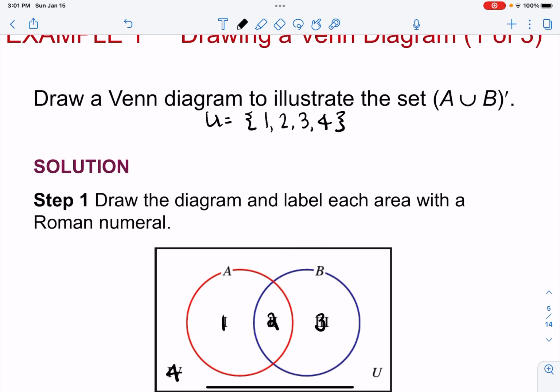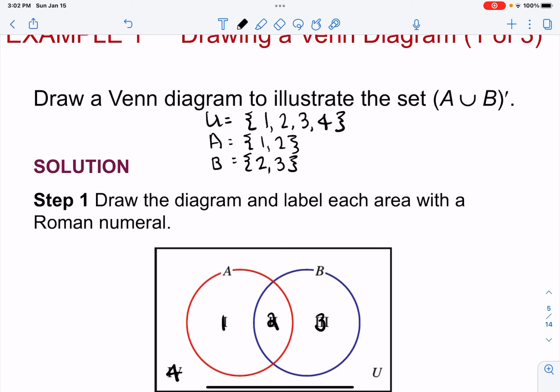And when you put your Roman numerals or your numbers, they have to be in the same places every single time. So then I say set A has numbers 1 and 2 in it. Set B has numbers 2 and 3. Those never change, so those are the same all the way.